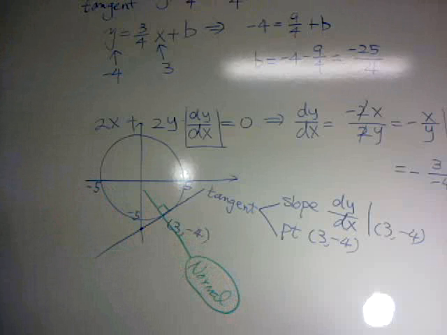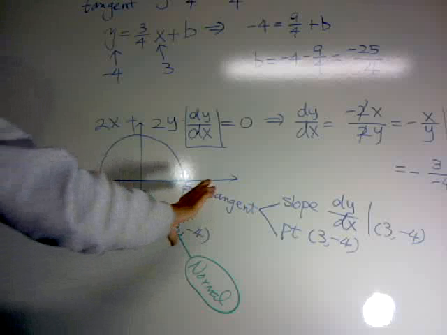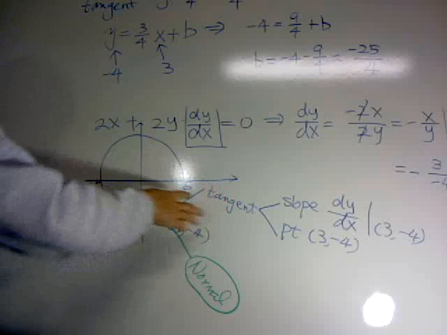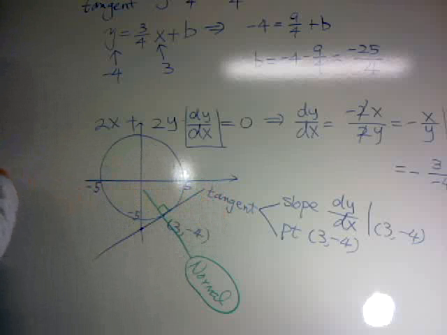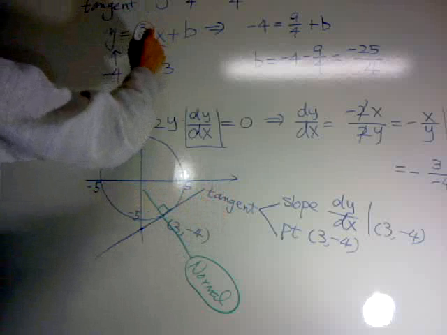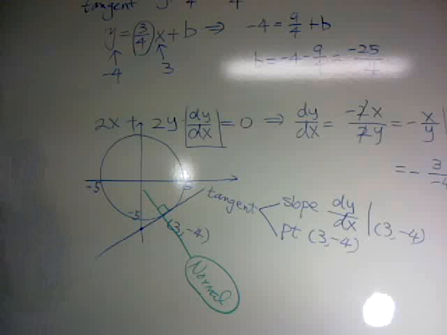Do you remember from pre-calculus class what the relation is between these two slopes? This tangent line has a slope of positive 3/4. That means the slope of the normal line has to be the negative reciprocal.